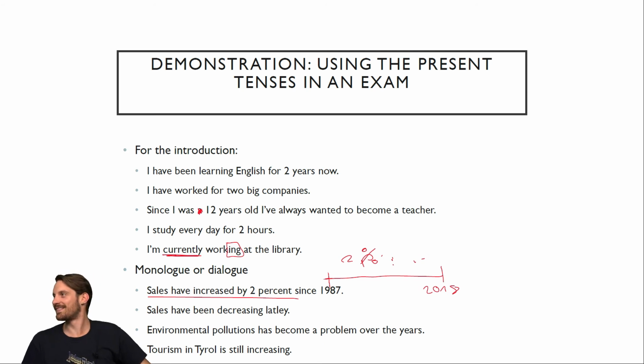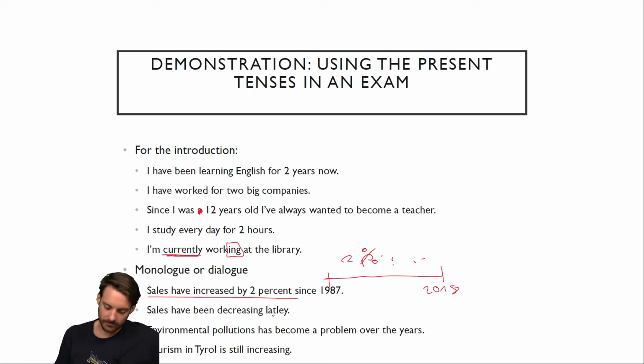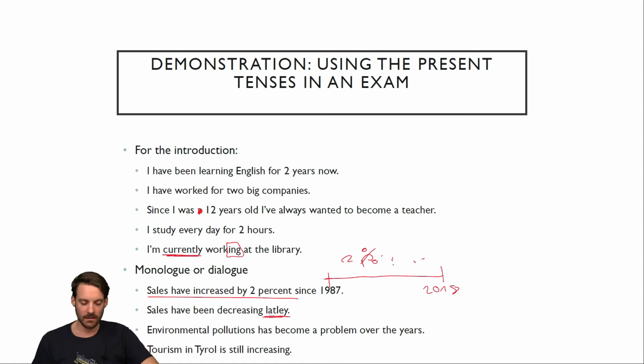Or sales have been decreasing lately. So it might have started. I should have added the starting point, but they have been decreasing recently, and that's the focus on the action. Maybe it might be different in a few weeks or in a few days.